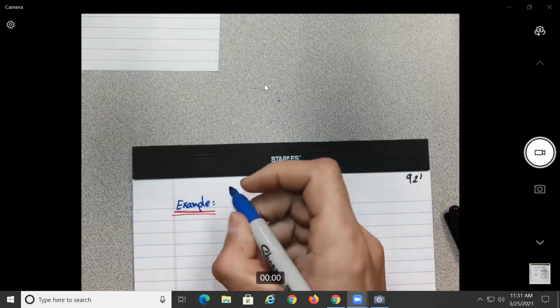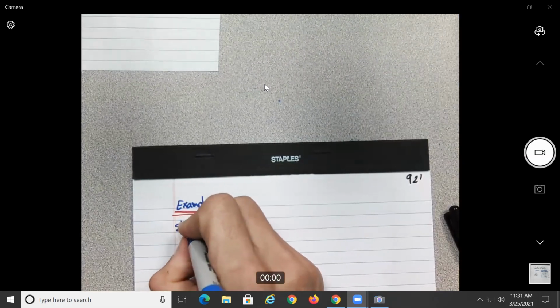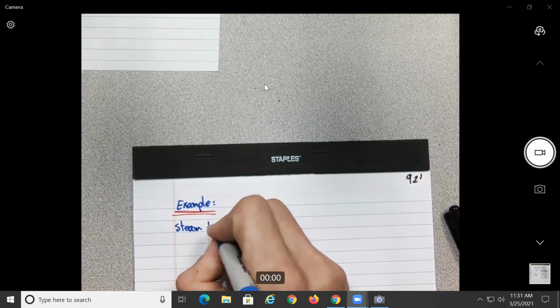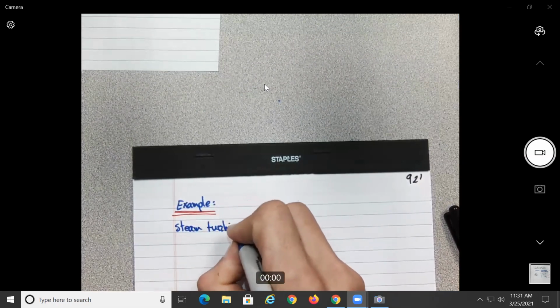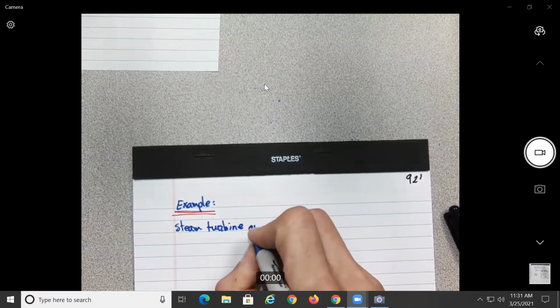So we're going to have a steam turbine operating at steady state.